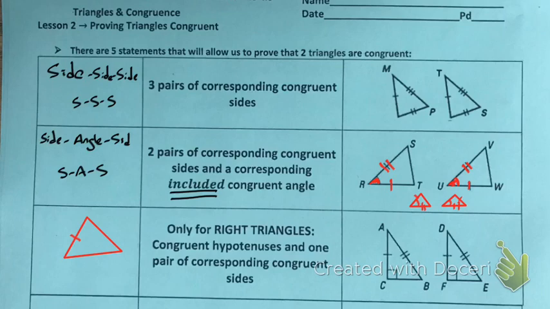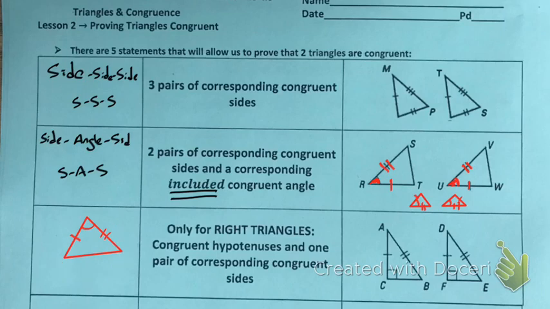So let's say I have these markings here. That reads SAS if I go left to right, or it reads SAS if I go right to left. You cannot go side, side, angle. So you can't say SSA.